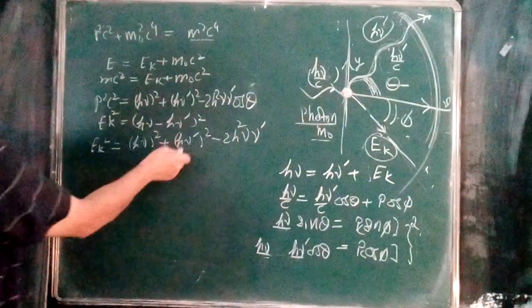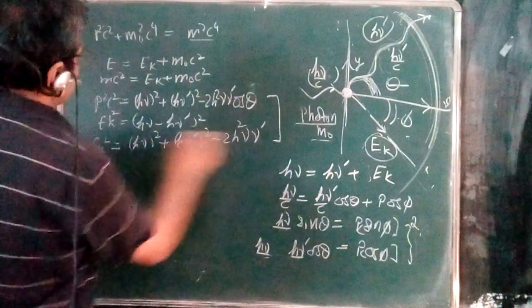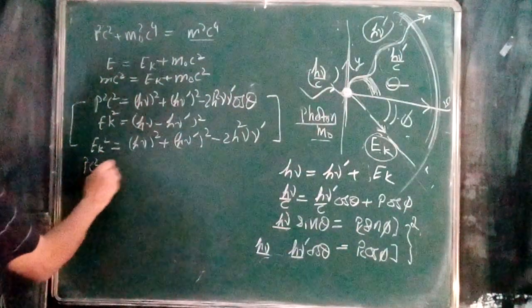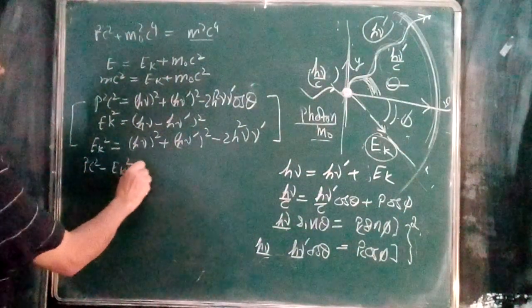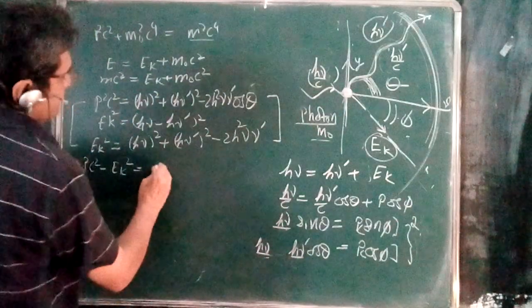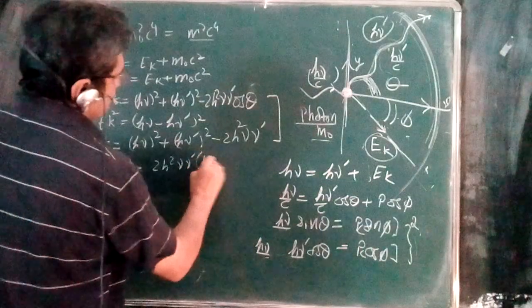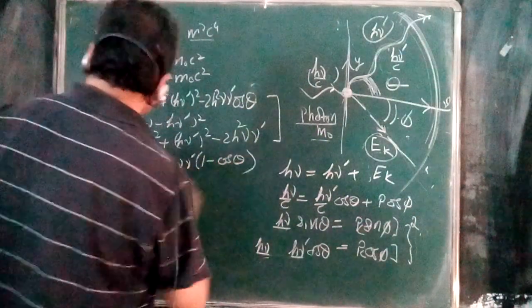I subtract these two equations. I subtract, so I get p square c square minus ek square is equal to twice h square mu mu dash 1 minus cos theta.